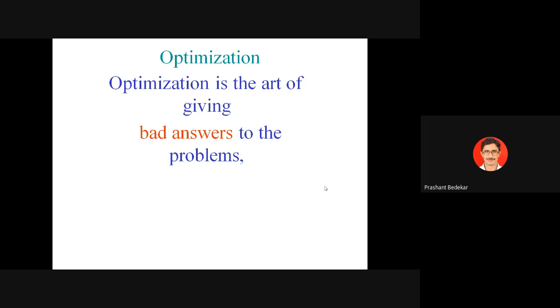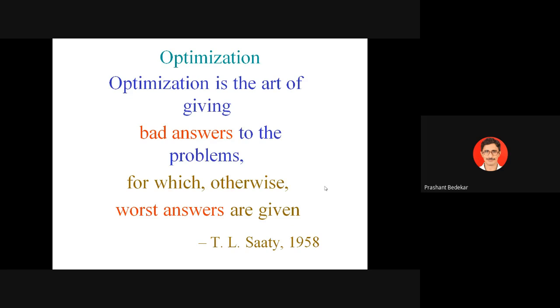If you observe it carefully, you will find that there is a comma at the end, which indicates that the sentence is not yet completed. Something more is expected to come. Let's see what that is, and then the definition will be complete: for which otherwise worst answers are given. Now we will read the definition completely.